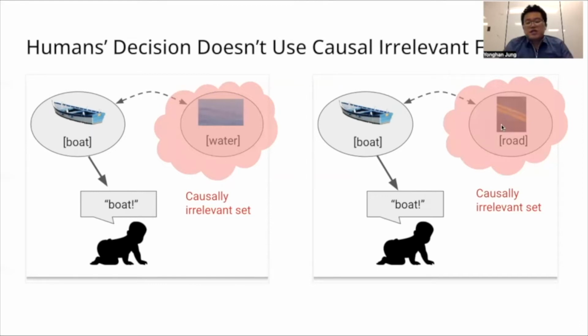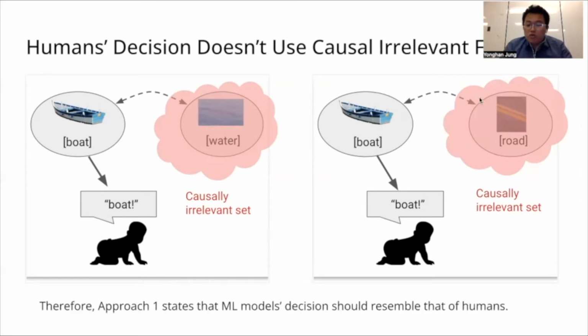This is how humans make a classification, and approach one says that we should avoid using this kind of causally irrelevant set. So approach one basically states that a machine learning model's decision rule should mimic humans' decision rule.